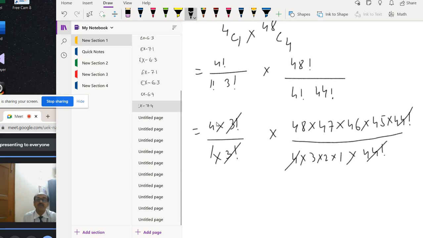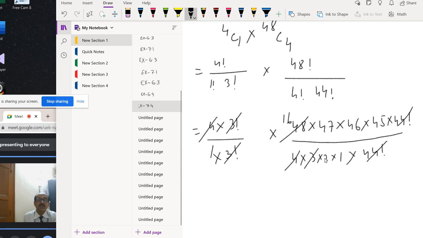So 3 fifteens are 45, and 3 sixteens are 48.